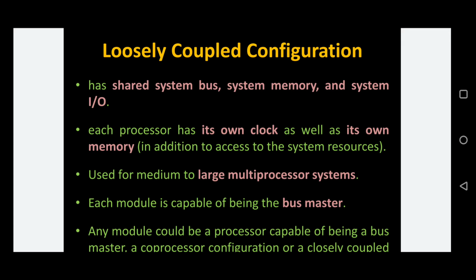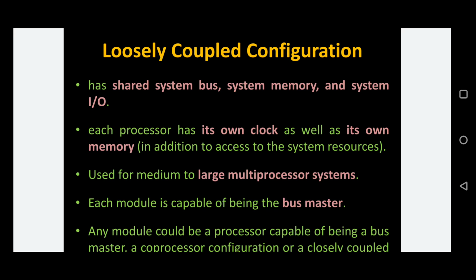First, this configuration has a shared system bus, system memory, and system input output devices. The system bus, system memory, and system IO are common for all the processors. Next, each processor has its own clock as well as its own memory, and it is for medium to large multiprocessor systems.